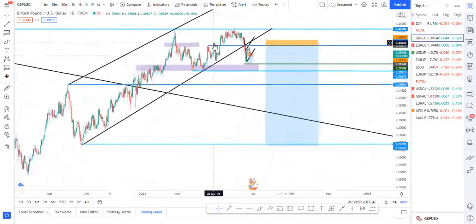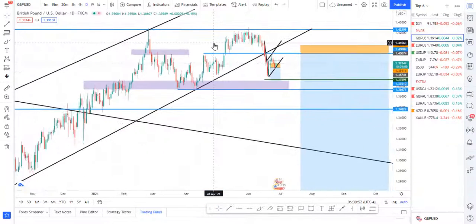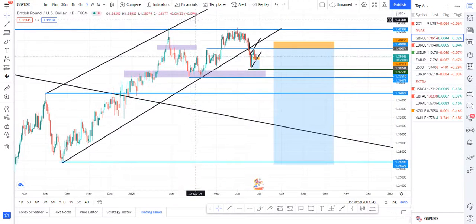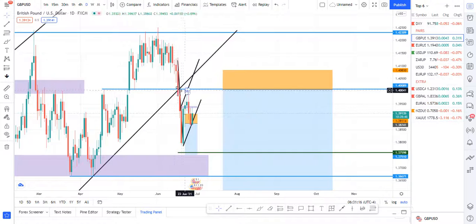With that in mind, we know that with channels we could expect a 3rd touch. But looking at what price action did, it broke out of this channel and came back to the upside and rejected this area here, which is acting as a resistance, and it is near the channel's support line. You understand?